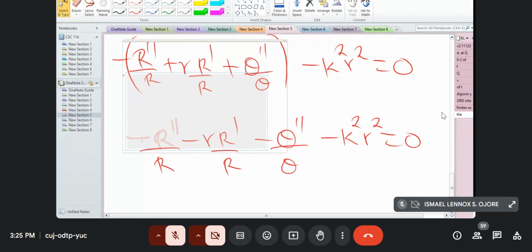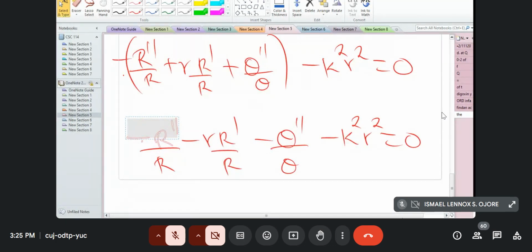In multiplying by r squared, I think the first term should have an r squared.